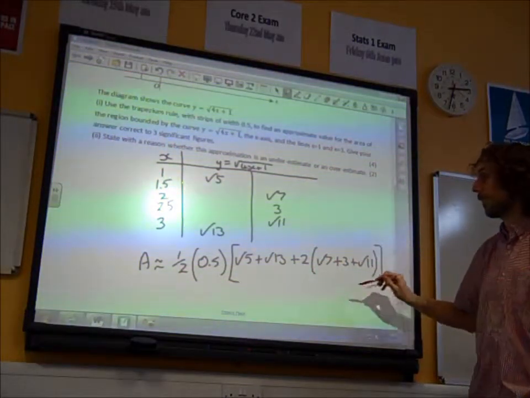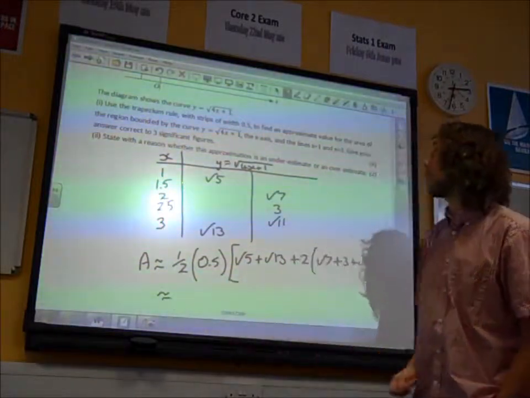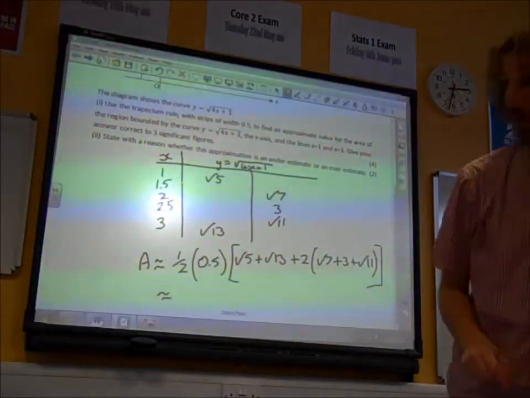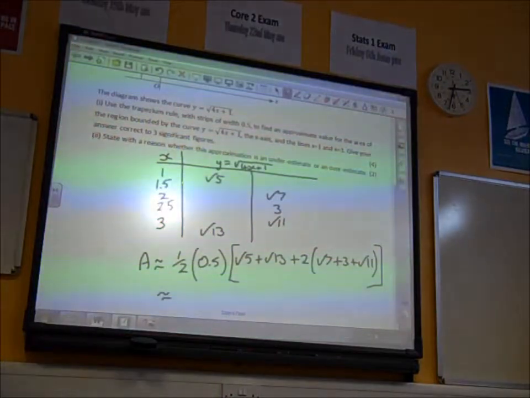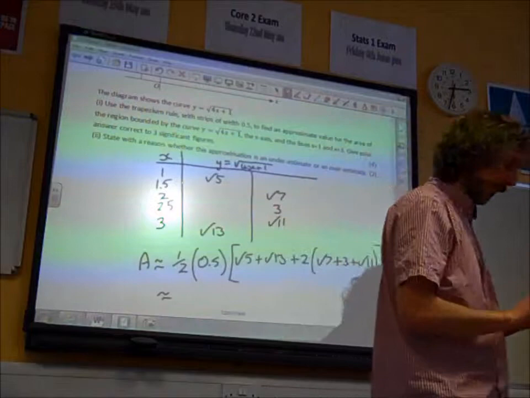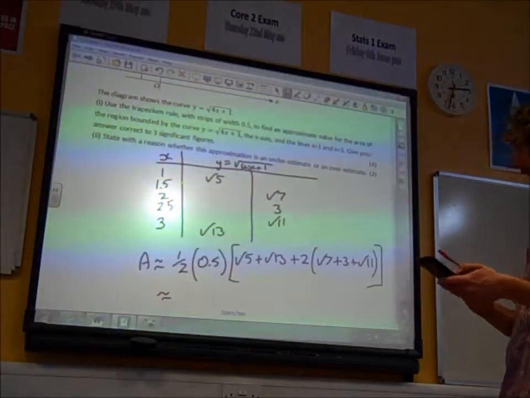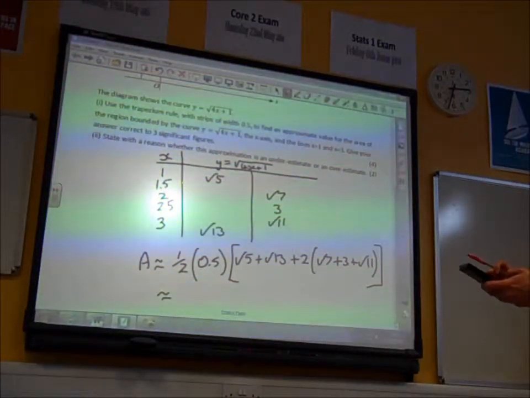There we go. And so if we add that up, notice that the question did say give your answer to 3 significant figures. So that's what we need to do. 0.5 times 5 plus root 13, sorry, it's not 3, it's 13, plus twice root 7 plus 3 plus root 11.